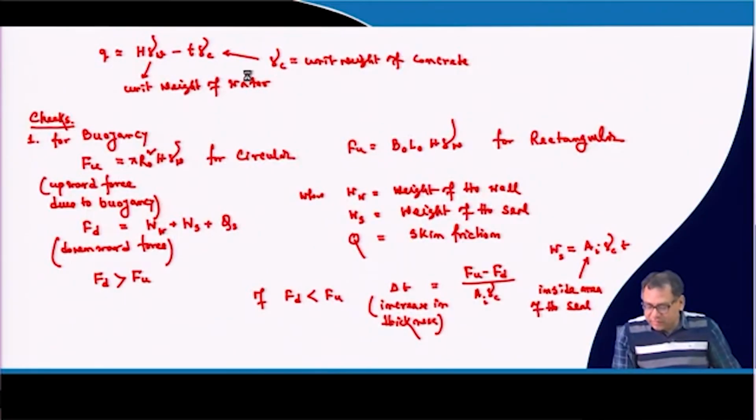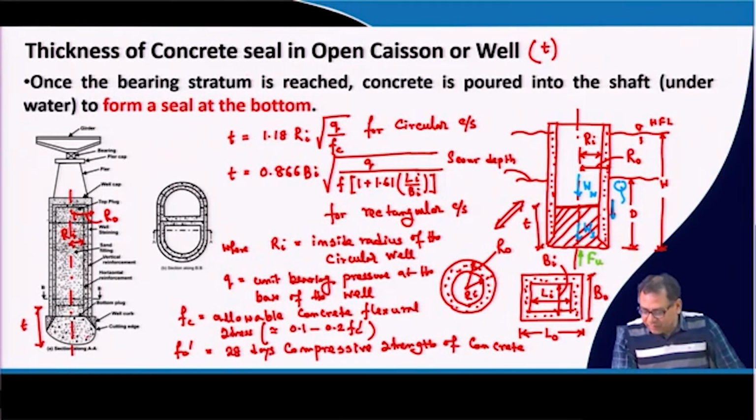So that means how these forces will develop. There will be upward force due to the buoyancy that will be pushing this seal in the upward direction, and the seal has its own self weight. So that is acting in the downward direction. So difference of these two will give you the amount of shear force that is developed within the inside perimeter of the well, or between the seal and the shaft.